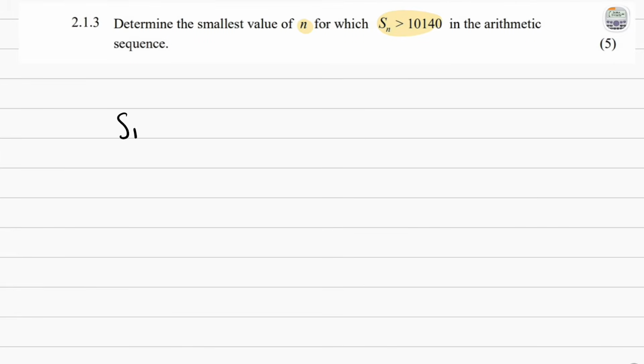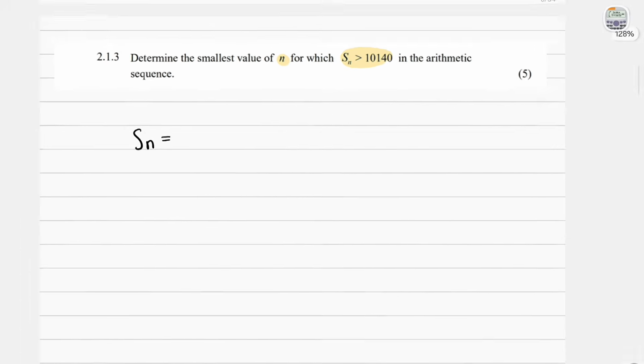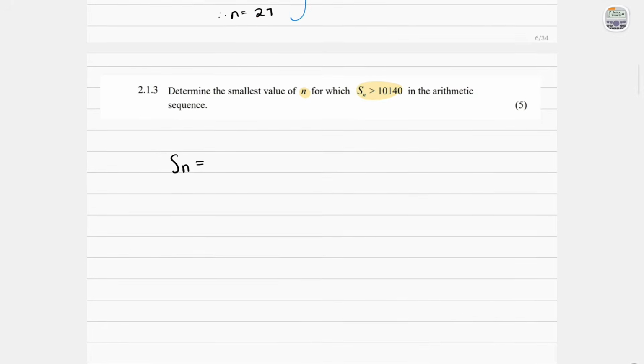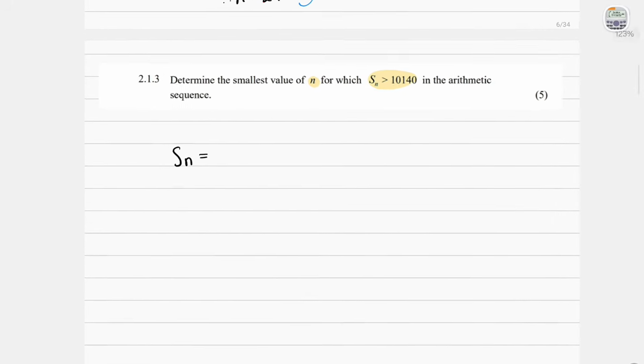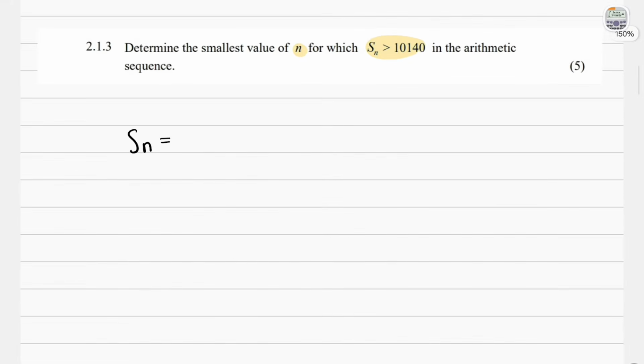So let's find out what the sum of n terms would be. Okay, that formula. So we're working with an arithmetic pattern. We don't know what the last term is, of course, because we don't know how many terms there are. But what we can just use is this formula. So Sn equals n over 2 multiplied by 2a plus (n minus 1) times d.